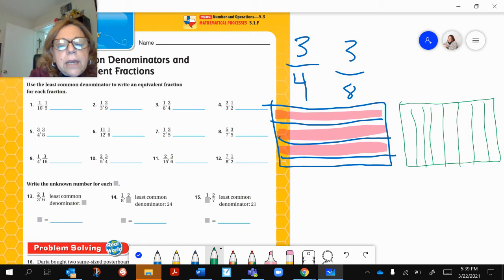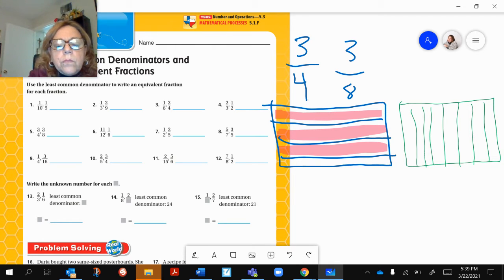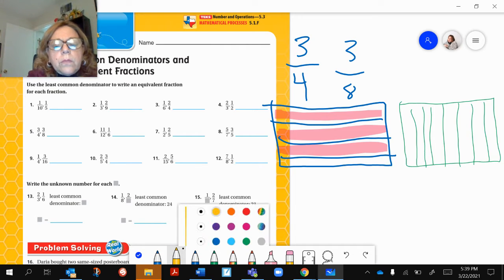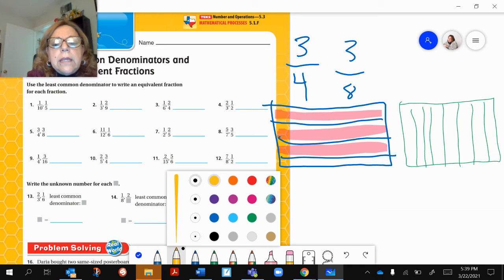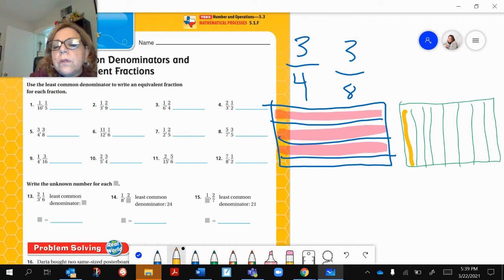And out of the 8, I need to shade in. I'm going to go ahead and shade in 3 of those. So it's 1, 2, 3. So that represents 3/8. And I'm going to move this over.